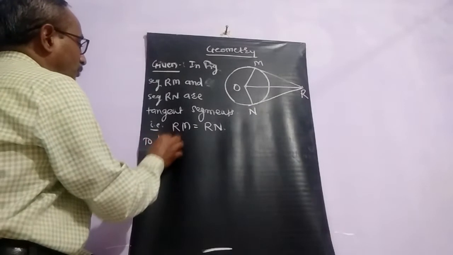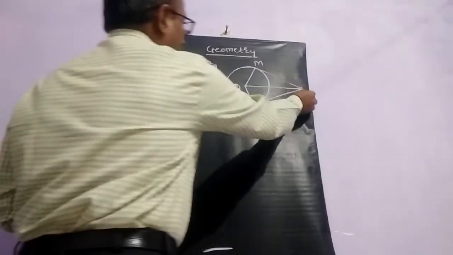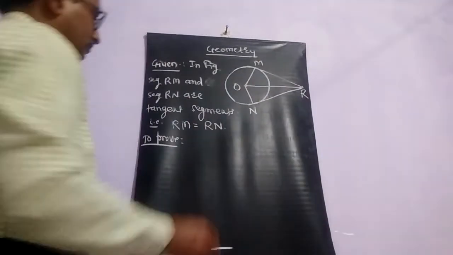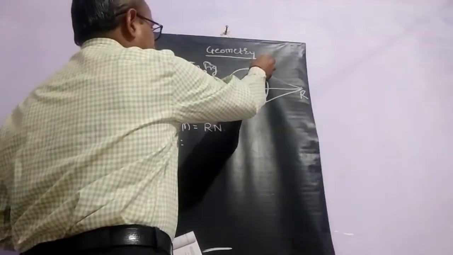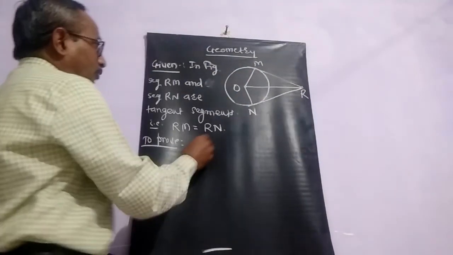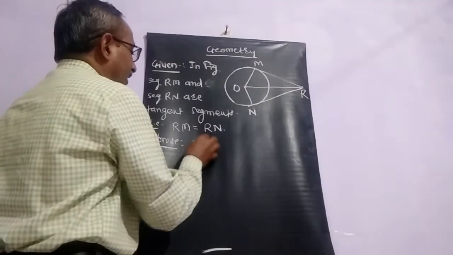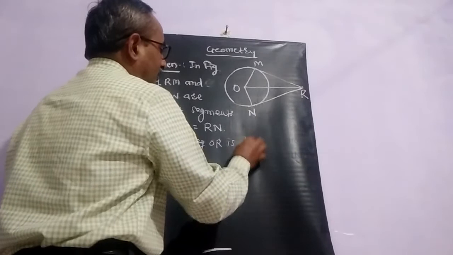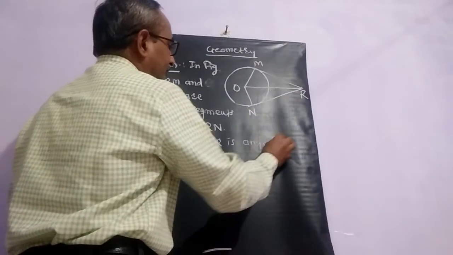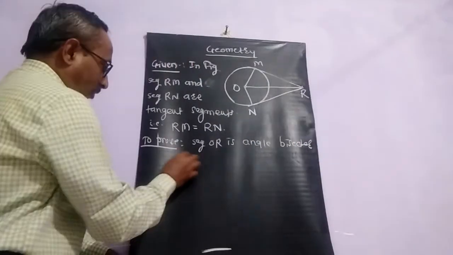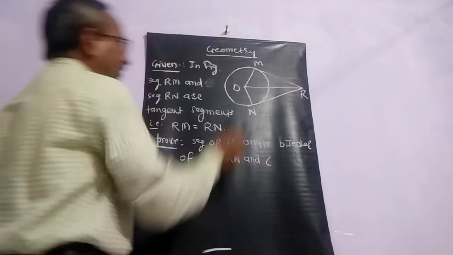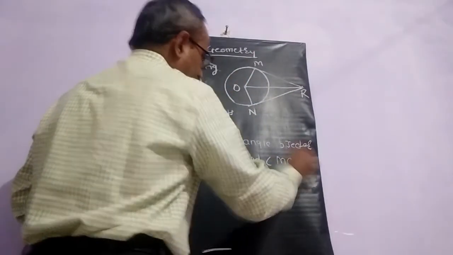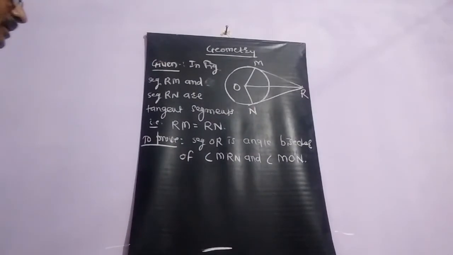We have to prove OR is angle bisector, or OR bisects angle MRN and angle MON.